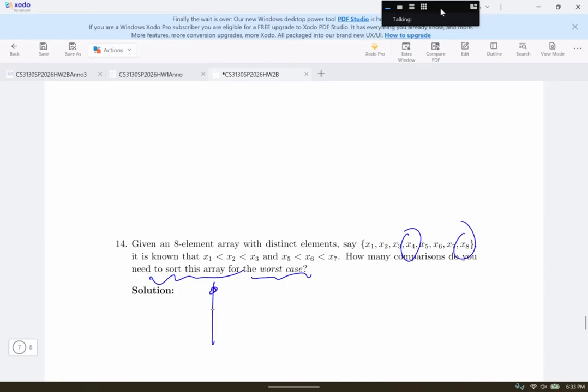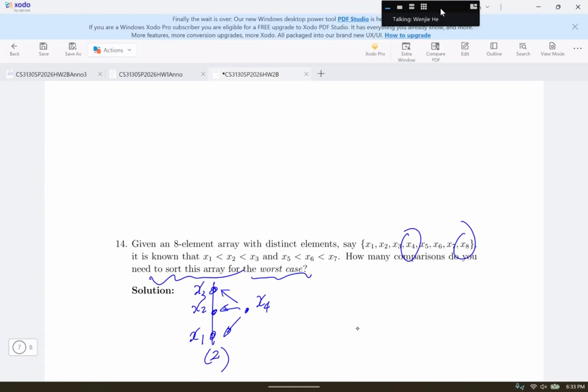When we do insertion, we need to apply binary insertion. So x3, x2, x1. Then x4, we do binary insertion. We need two comparisons.